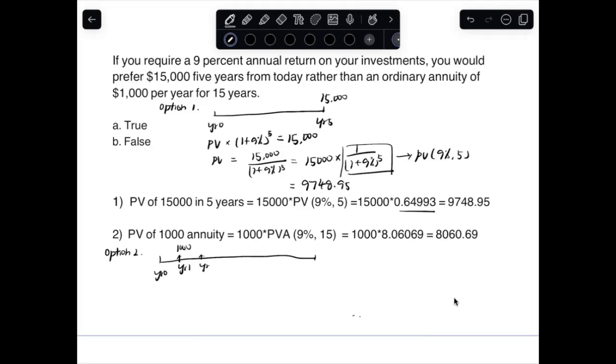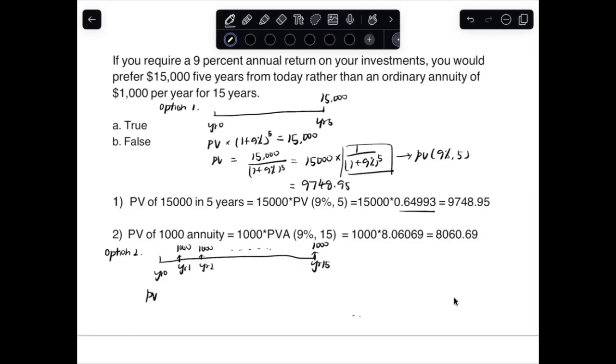Year 2, you get 1,000, etc. The same for year 3, year 4, till year 15, you get $1,000. So how do we calculate the present value of this contract? You should transfer the 1,000s in the future to today.